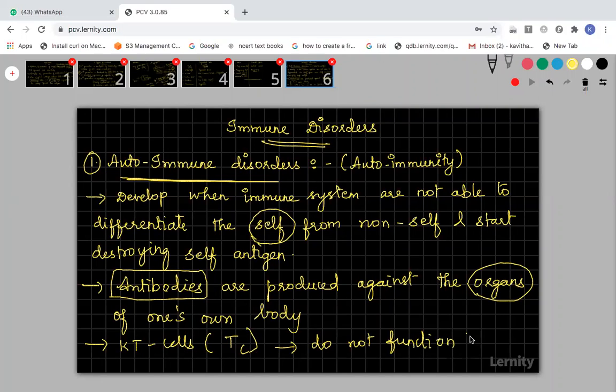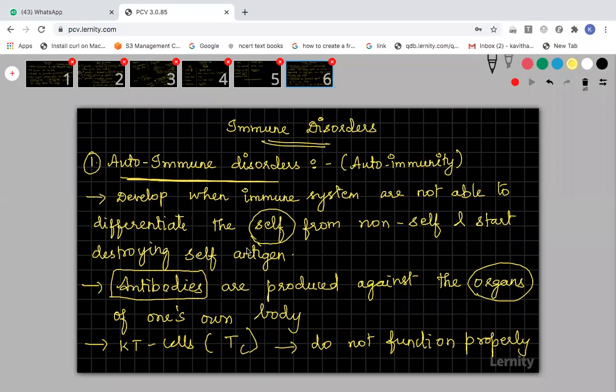If these KT cells do not function properly, then the immune system will not be able to differentiate your self and non-self antigens, and as a result, they will start producing antibodies against your own self antigens present on the surface of your body cells in particular organs, and those organs will start getting affected because of these autoimmune disorders.